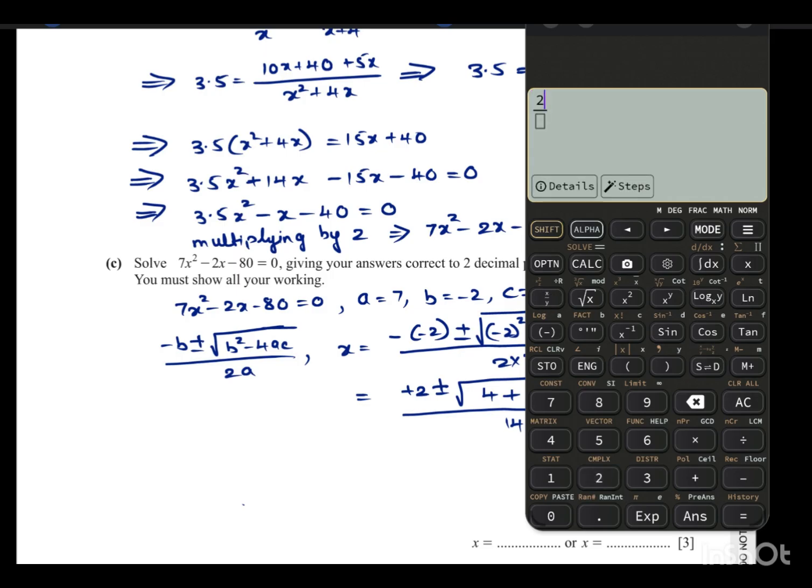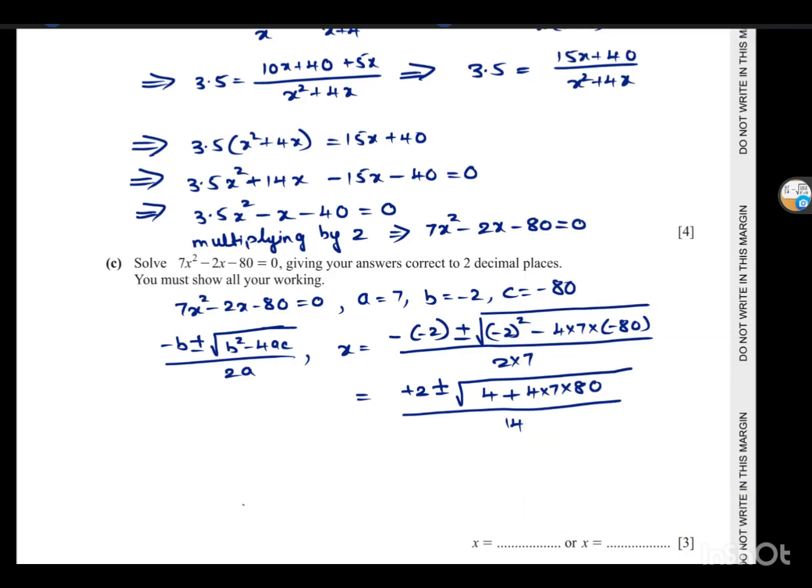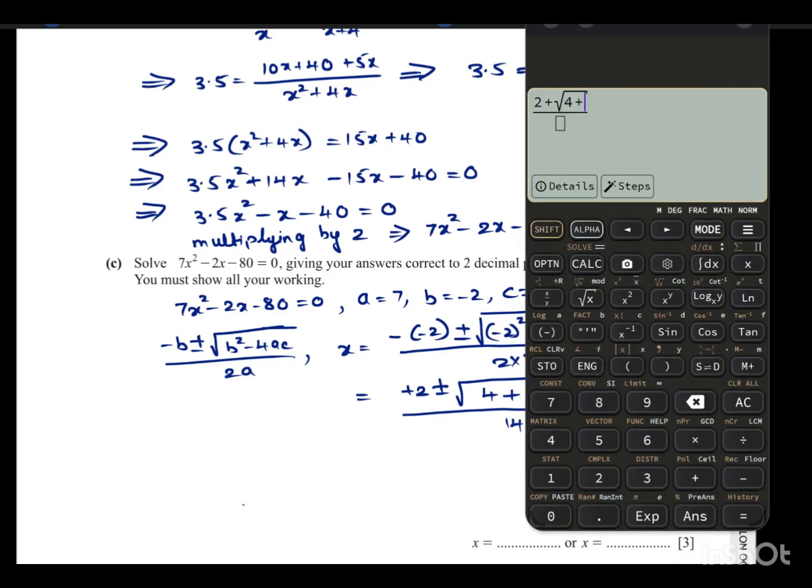Fraction button, 2 plus, let us take plus first, square root of 4 plus 4 into 7 into 80, by 14, is equal to 3.526.